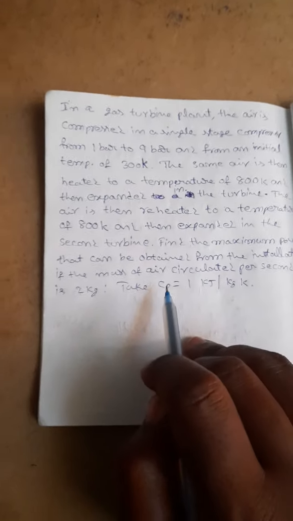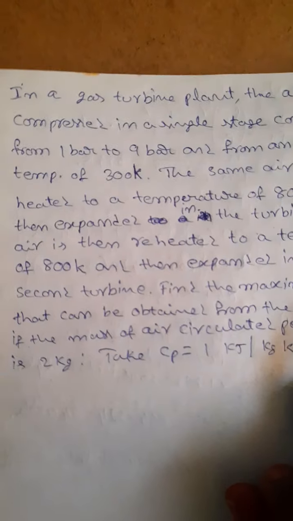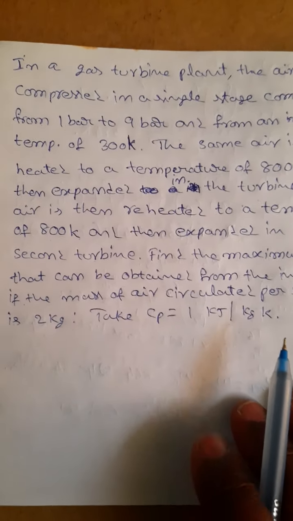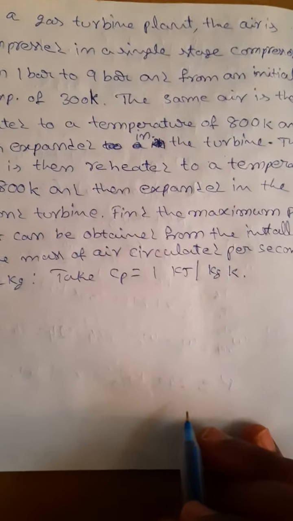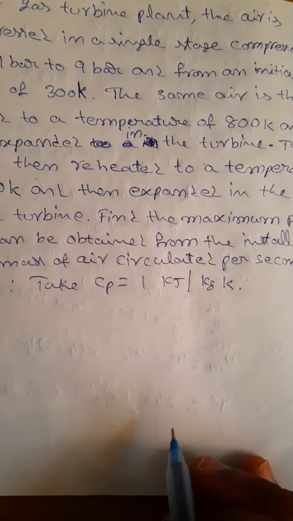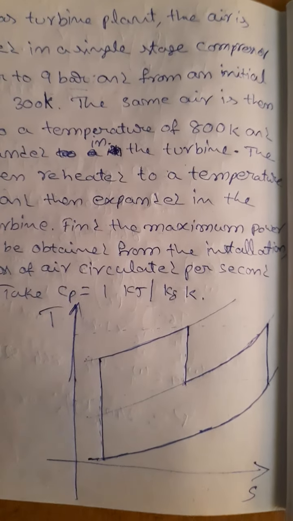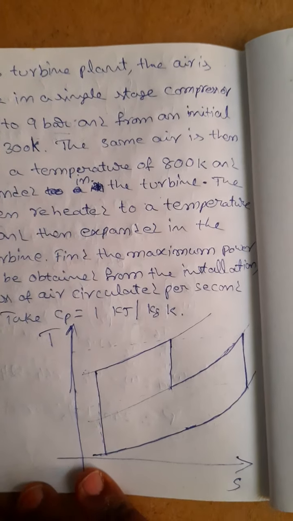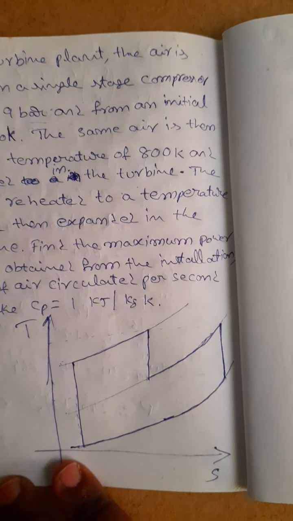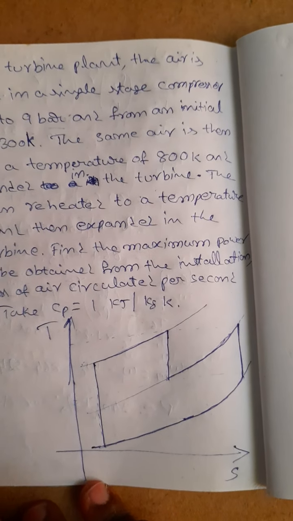So first draw the TS diagram of the gas turbine plant with reheating system. First we have to understand the problem and then we have to draw the TS diagram.